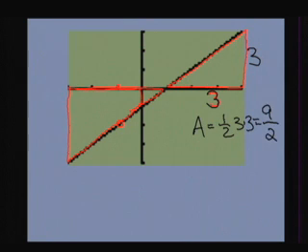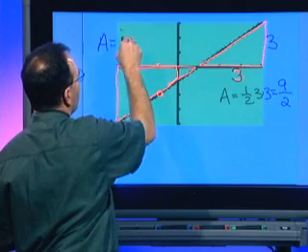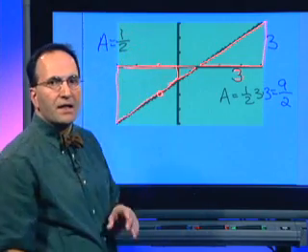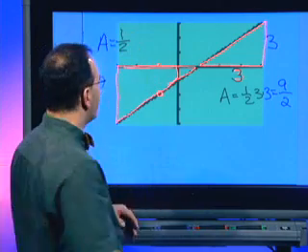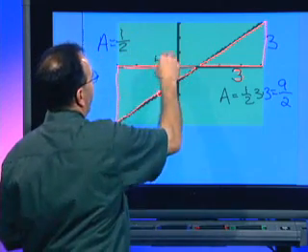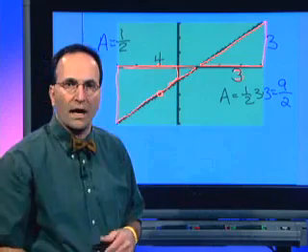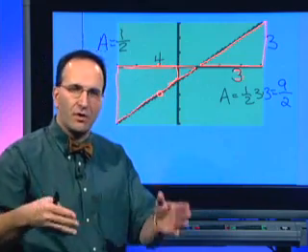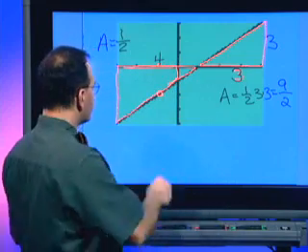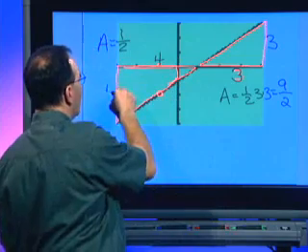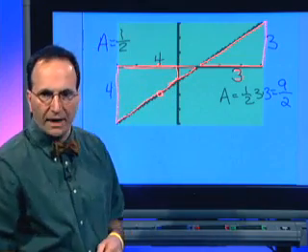Well, what about the area over here? The area of this triangle is 1/2, and this time we have 4 as what I will refer to as the base, even though it's upside down, and the side is also 4 units.